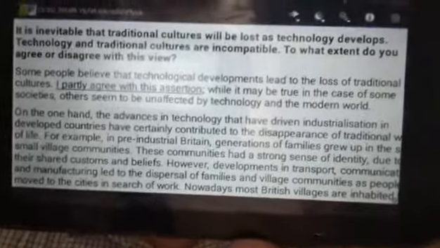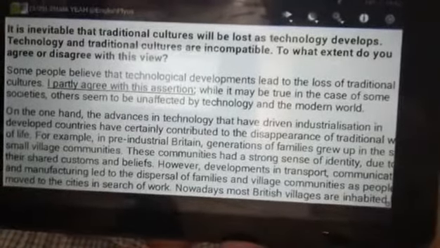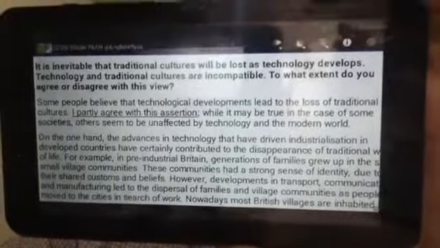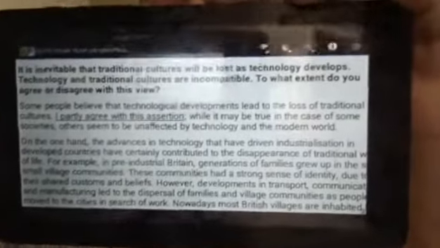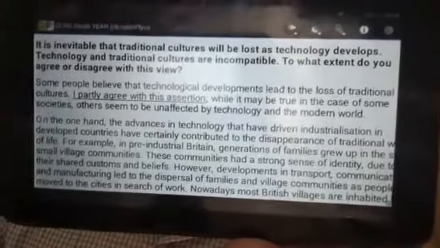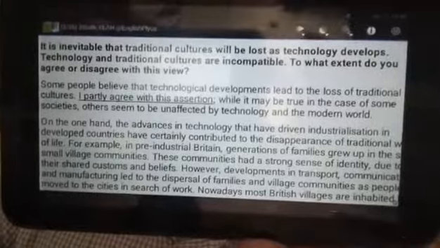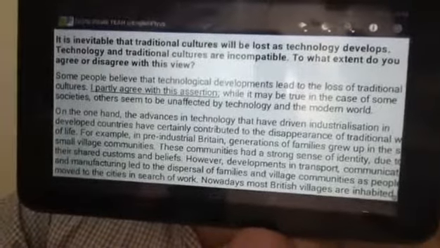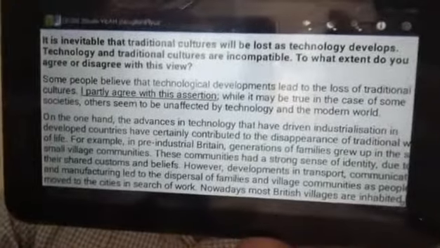Some people believe that technological developments lead to the loss of traditional cultures. Let's say you really hate this sentence because this and the next sentences that you want to write look like the same. In this case, it's better to make passive sentences from active or active sentences from passive.